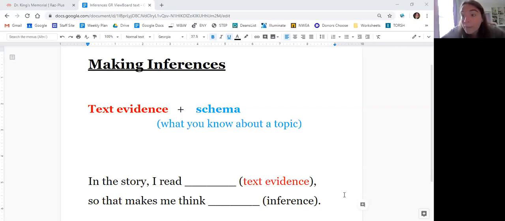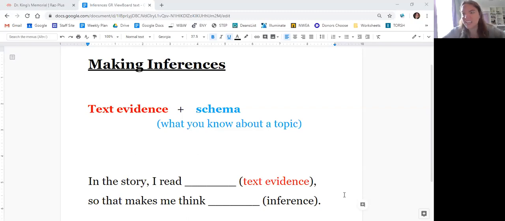Now today, we're going to read a book that's going to teach us a little bit more about Martin Luther King and why he did what he did. So that's going to be our schema. You're going to need to use lots of schema of things you've learned from first grade today to think about Martin Luther King. All right, let's remember our sentence stem when we're answering our inferential questions.